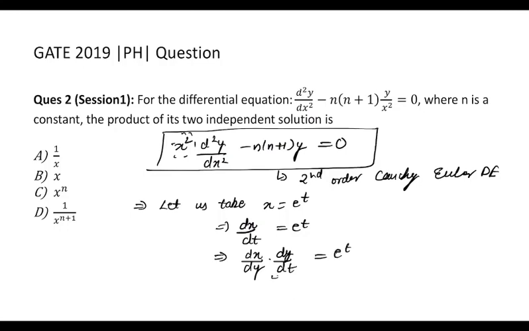This is using chain rule. Therefore, dy by dx will become 1 by exponential t dy by dt. Okay, so dy by dx will become 1 by exponential t dy by dt.